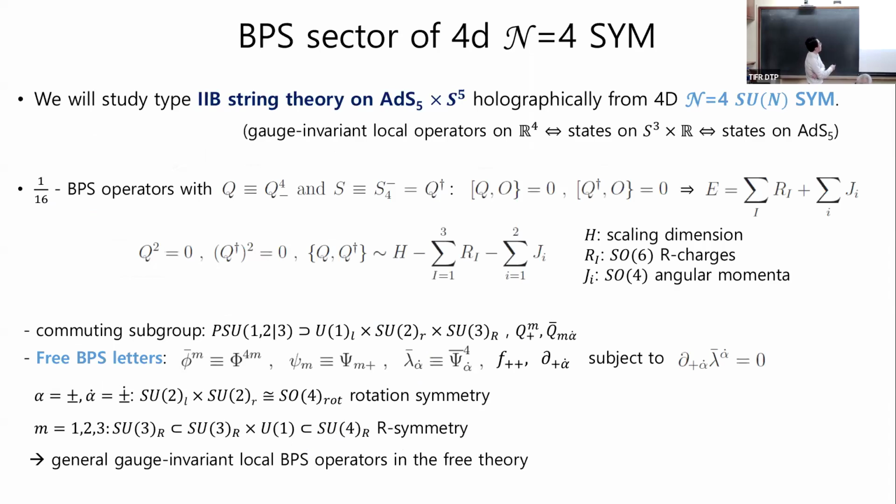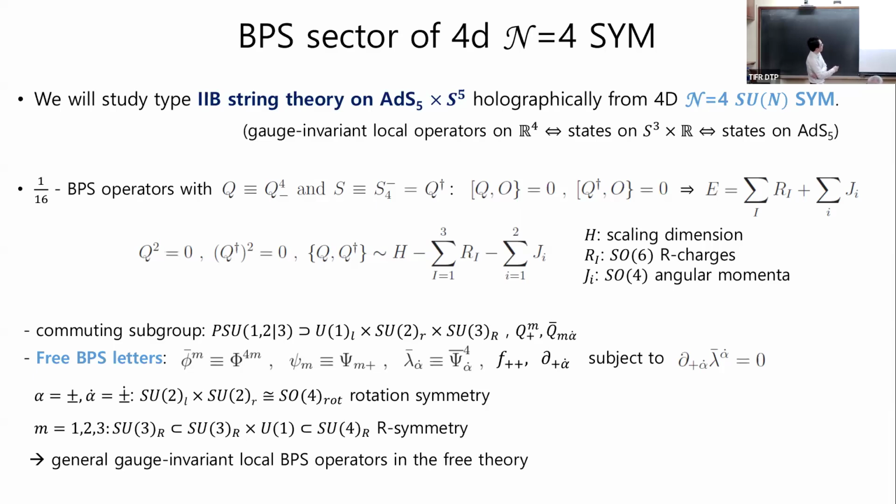And we'll focus on the so-called 1/16 BPS sector of this N=4 super Yang-Mills, meaning that we want to analyze the operators annihilated by our chosen Poincare supercharge Q and its Hermitian conjugate. These two chosen supercharges satisfy the superconformal algebra given by this.